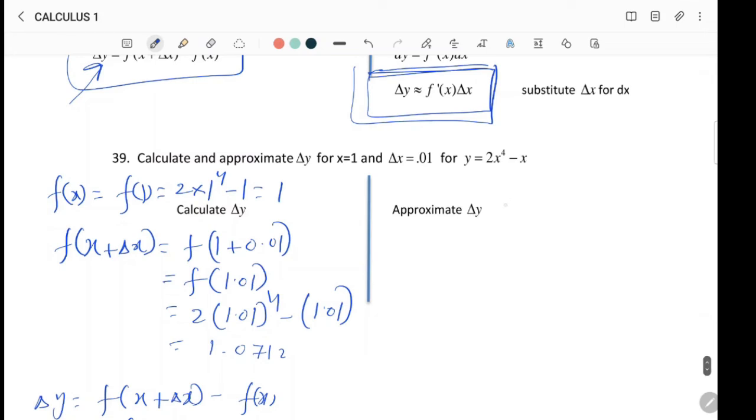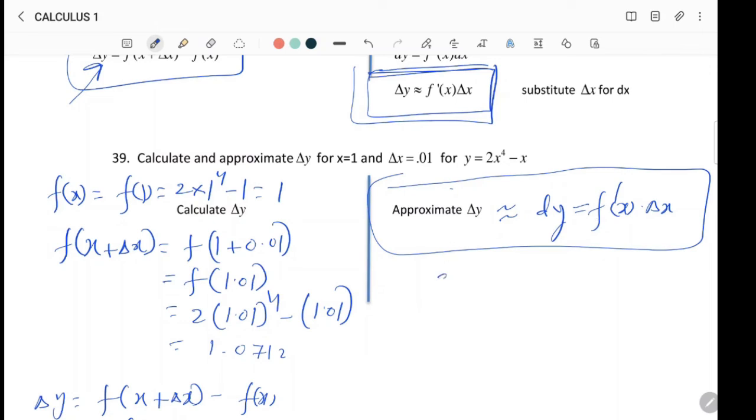Now approximate delta y. Approximate delta y means we need to find dy. So we know that approximate delta y equals dy, which is f dash x dx.